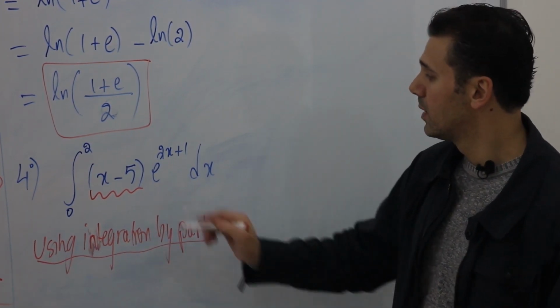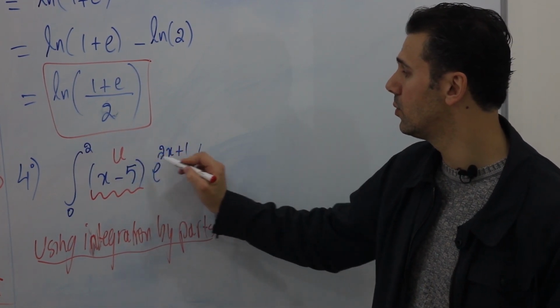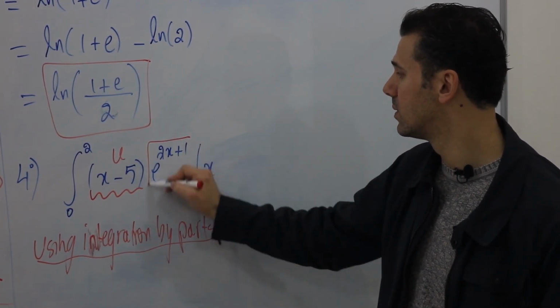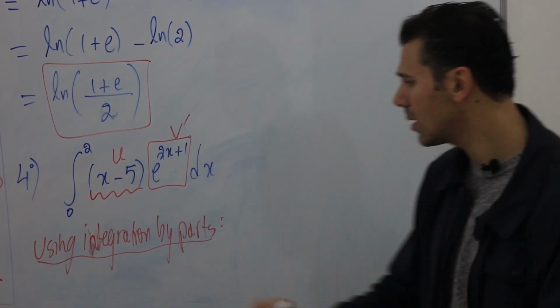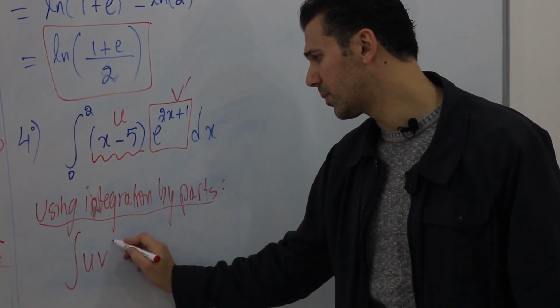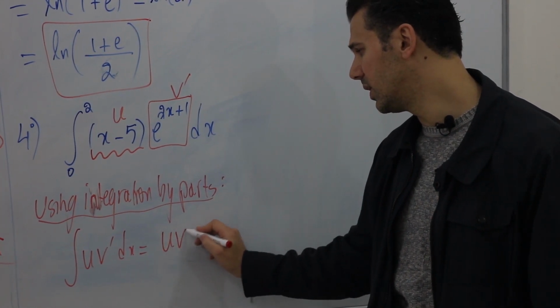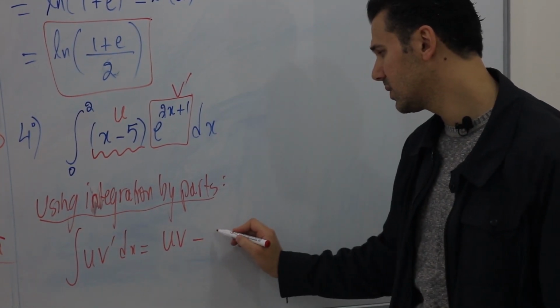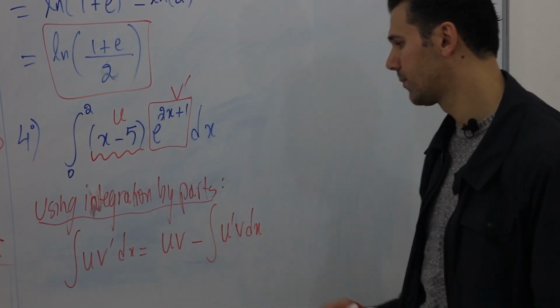As you know, if we let this be u and this v prime, integration by parts, let me remind you, the integral of uv prime dx will be uv minus the integral of u prime v dx.